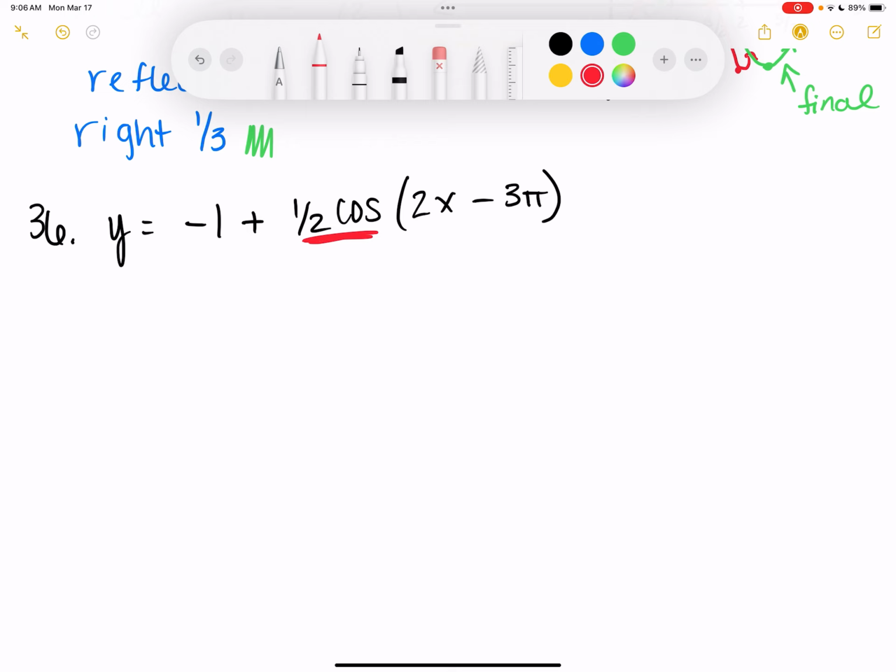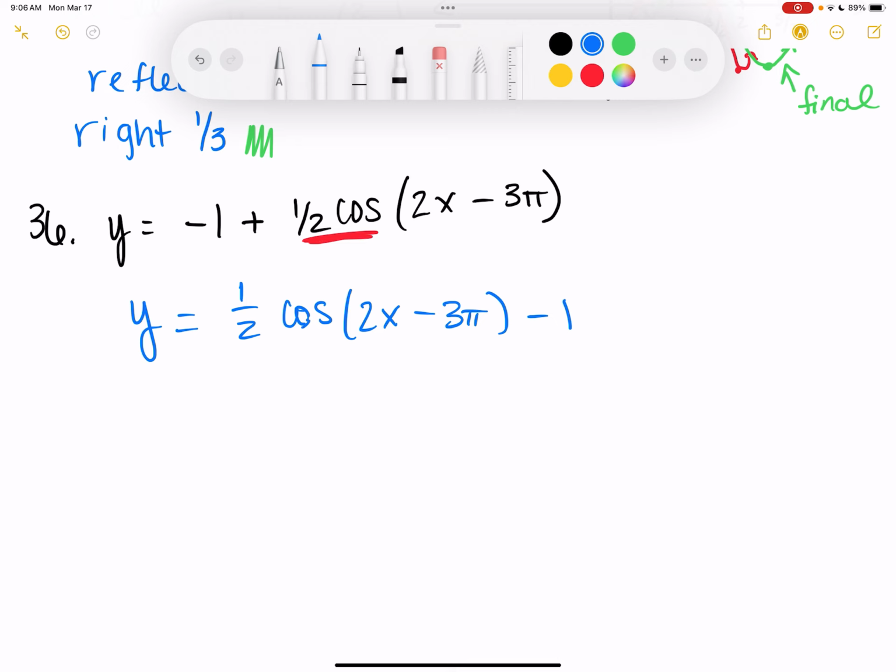What I would do is I would rewrite this in the order that we had in all of those notes, okay? So I would rewrite this as y equals 1/2 cosine, and obviously if this was negative, we would need to keep the negative with it, but it's positive in this case. 2x minus 3 pi, and then over here, minus 1.